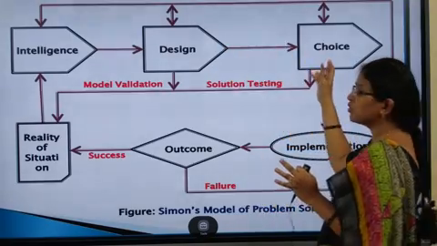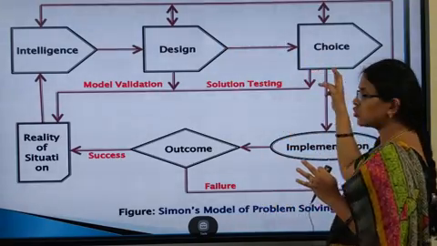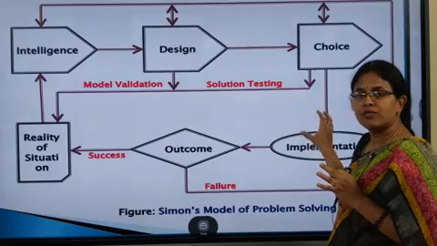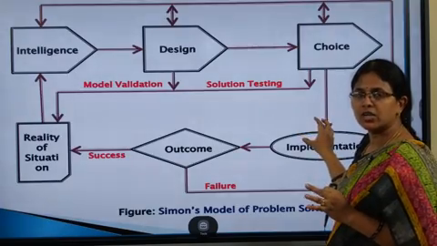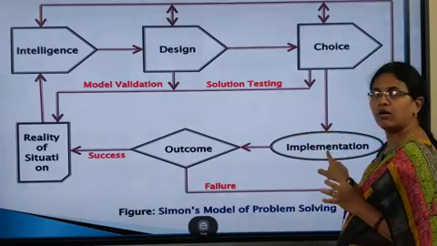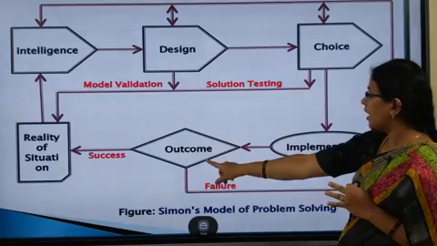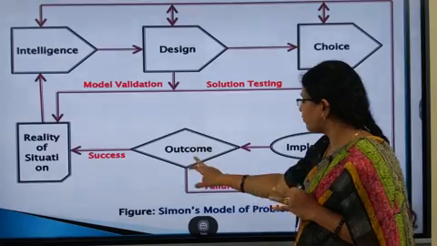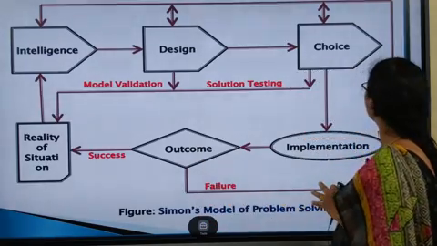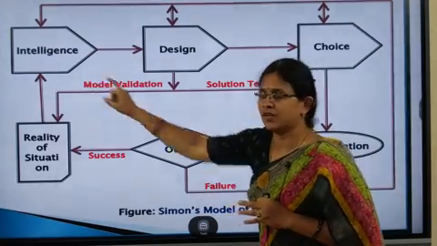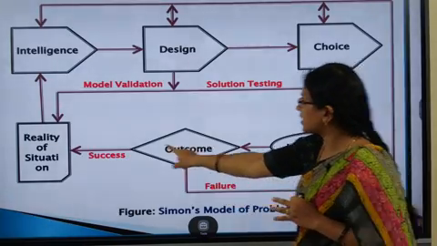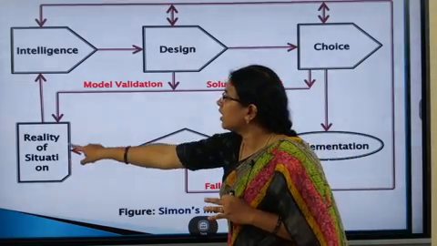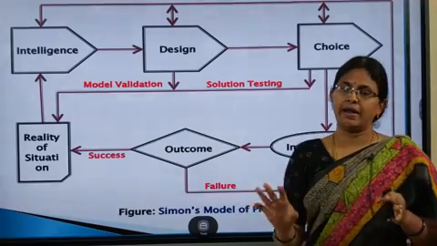Then finally, I go to choice, and in choice, I come out with one appropriate alternative. I implemented that alternative in the implementation phase, and I finally came to the outcome. If this is a failure, then it will go back to the intelligence phase. If this outcome is a success, then it will go to the reality of the situation and end there.